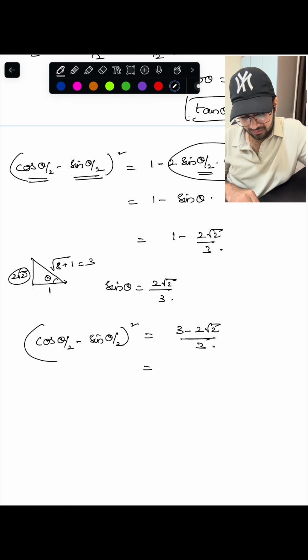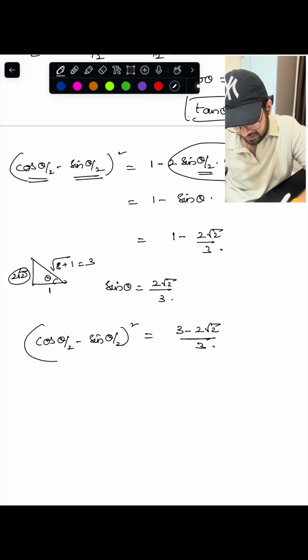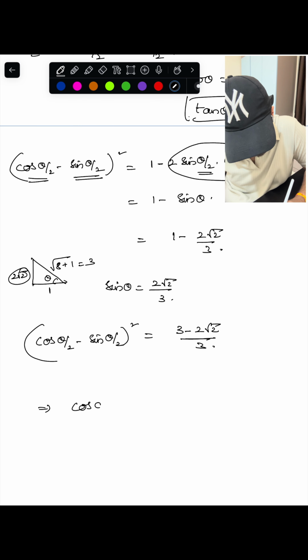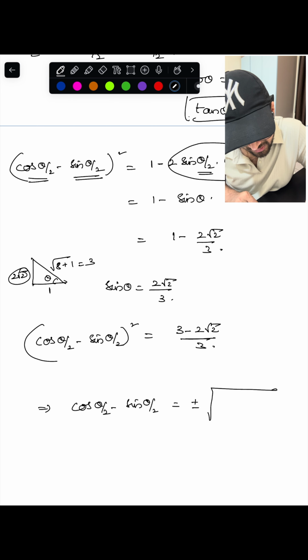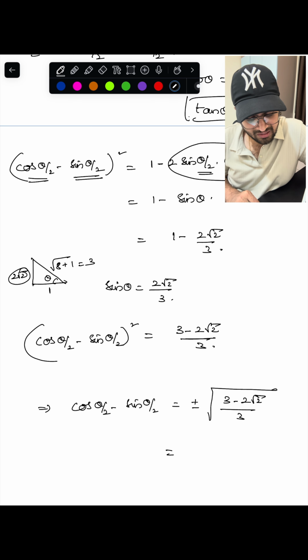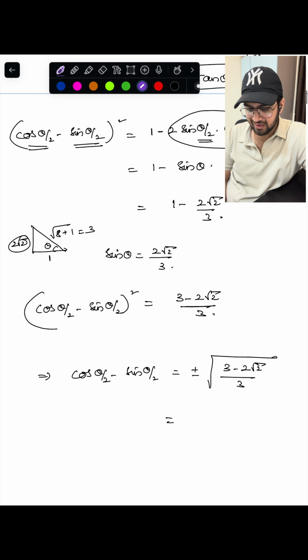Now, we need the value of cos theta by 2 minus sin theta by 2, so plus or minus under root (3 minus 2 root 2) by 3. Don't worry, whenever there is a square root, it will turn out to be a perfect square.